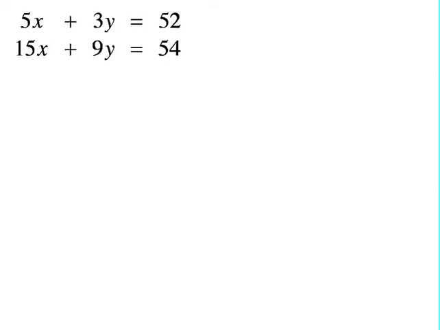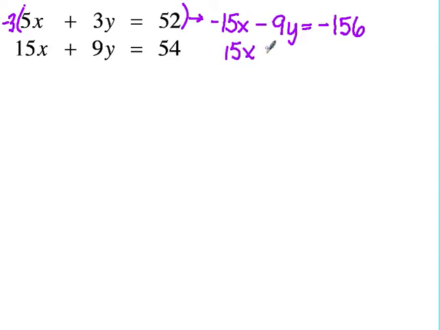Alrighty. Let's look at this one. Multiply the top one by negative 3. Okay? So on the top I get, yep, okay, negative 156, yep. Bottom equation stays 15x plus 9y equals 54.